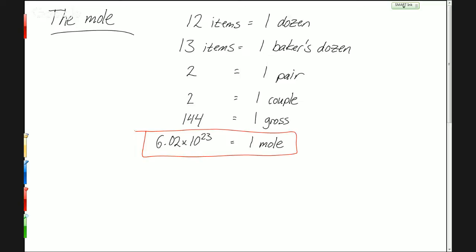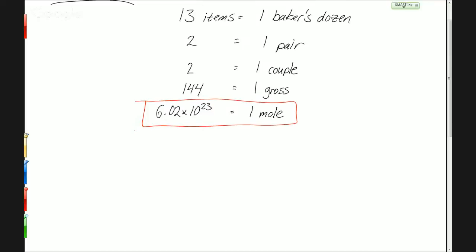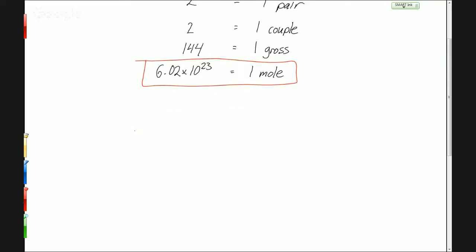So we've taken something that is really hard to count, tiny atoms, and brought it into our physical scale, something we can deal with. And so the thing to remember is 1 mole of anything is this number quantity of those things.